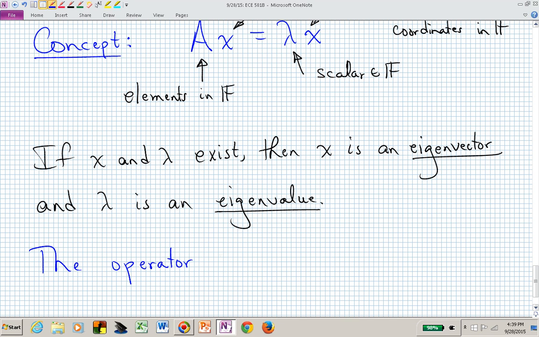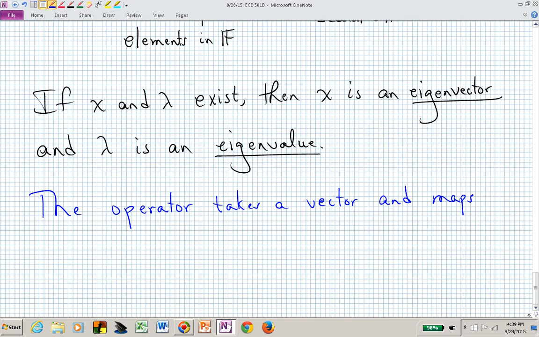Here I'm just going to try to say in words what we were talking about before. The operator takes a vector and maps back into a scaled version of that same vector.